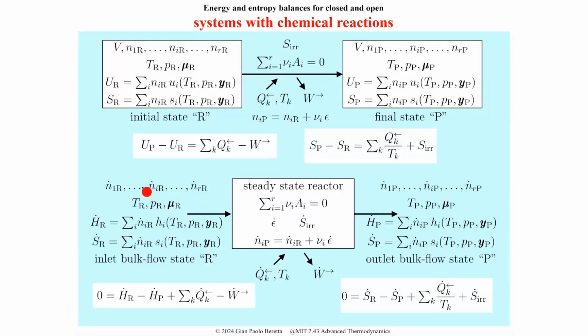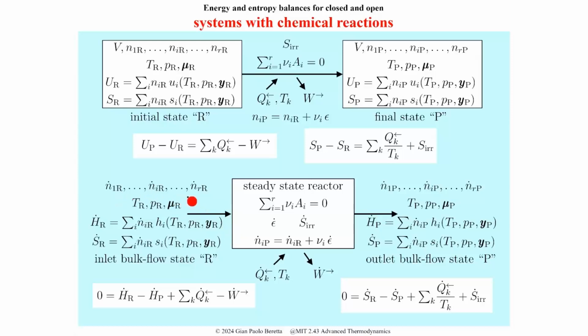You could have an injection of air through one stream, so one bulk flow interaction, and then your fuel injected from another pipe. So I indicate here a simple single arrow, but of course you may have many.